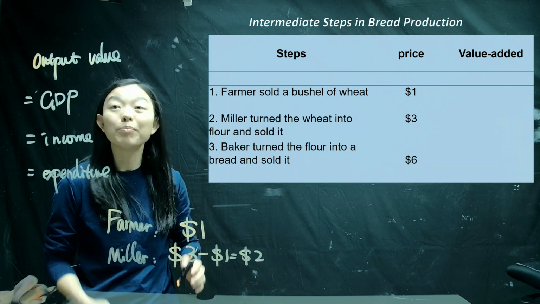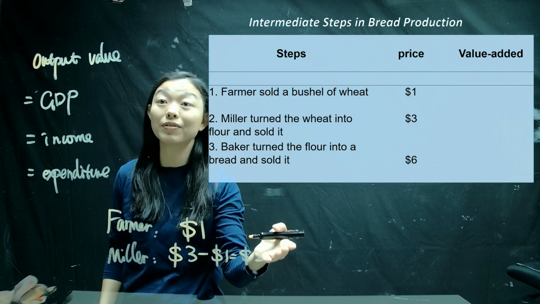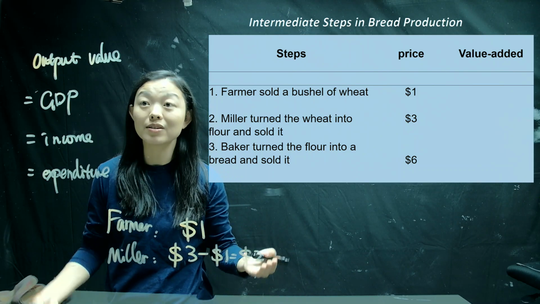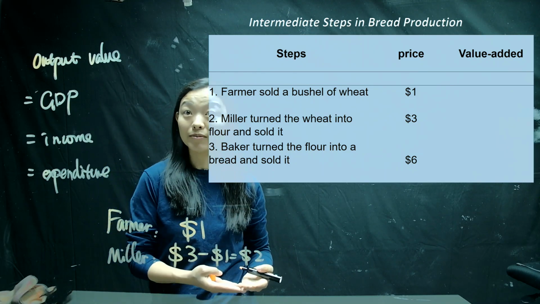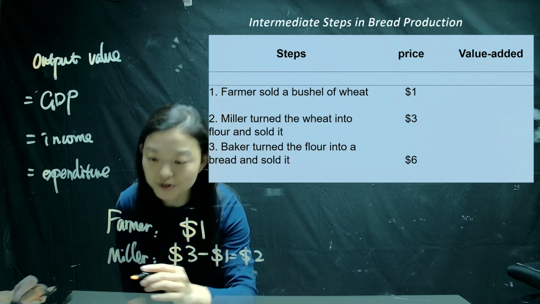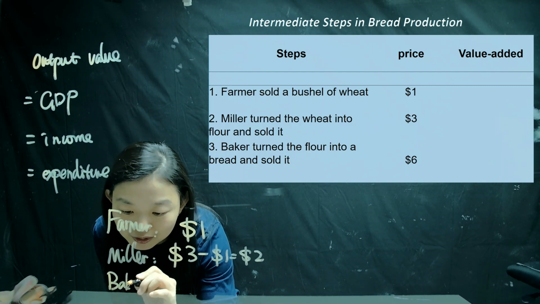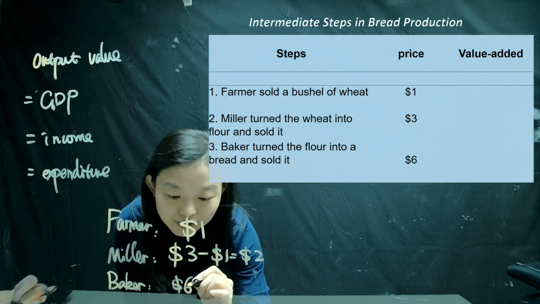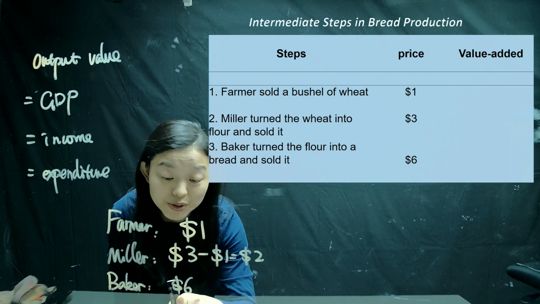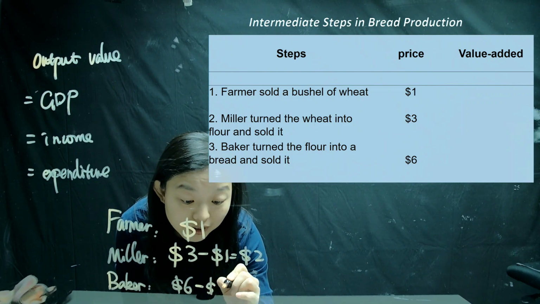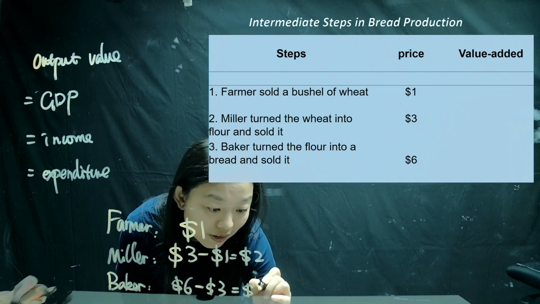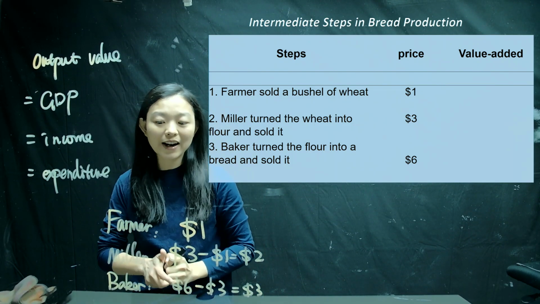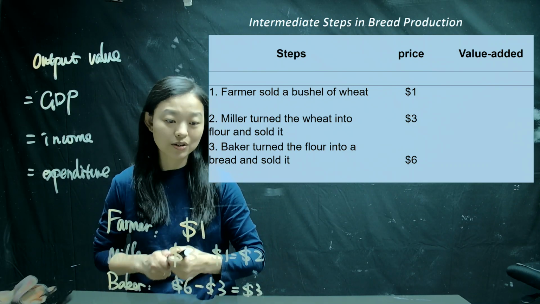And then finally, the baker used the flour to make bread and sells the bread at $6. So for the baker, what's the value added? Finally, he obtained $6, but he also spent $3 to buy the flour. So the value added for the baker is $3.